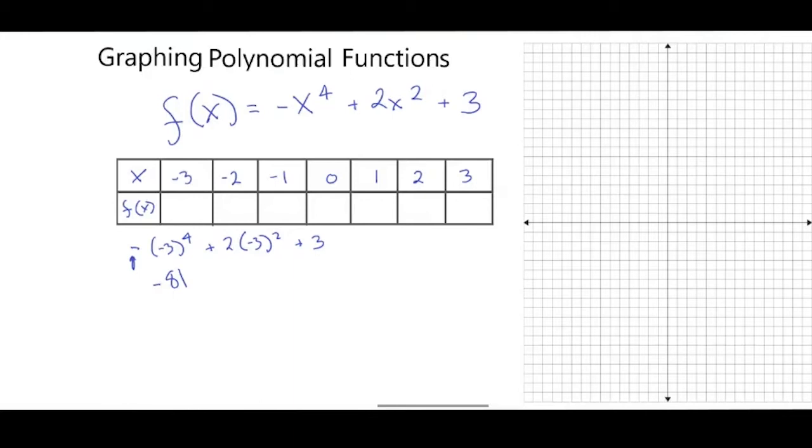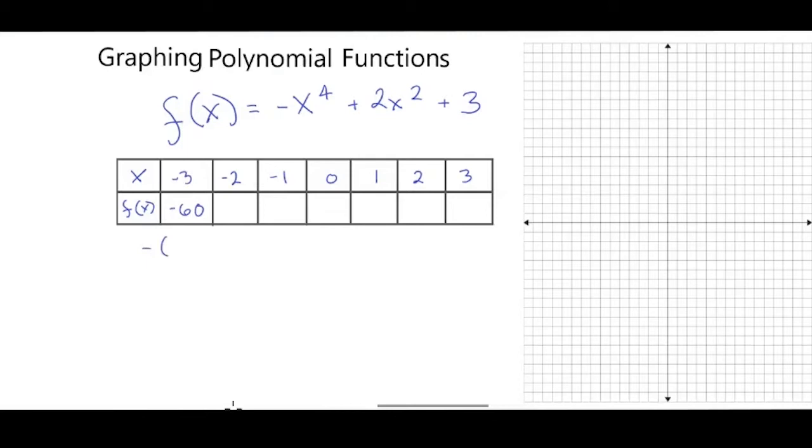Here I have -3 squared, so that's 9. 9 times positive 2 is 18 plus 3. Well, -81 plus 18 is -63 plus 3 equals -60. So I'll write -60 here.